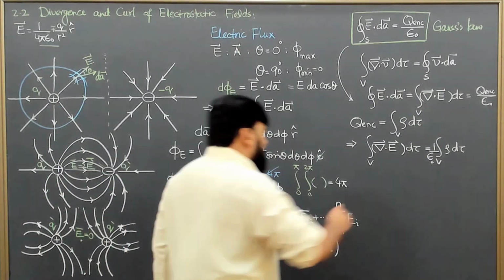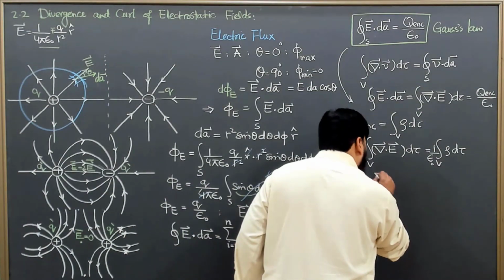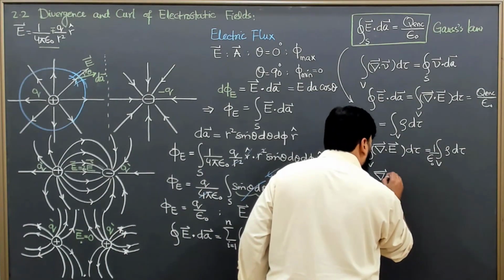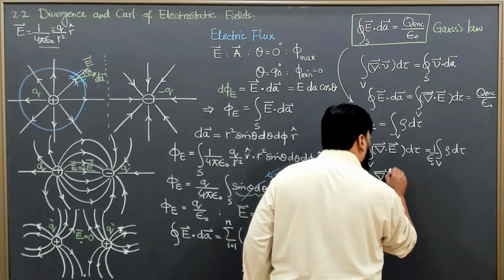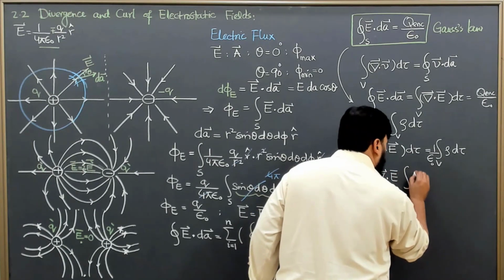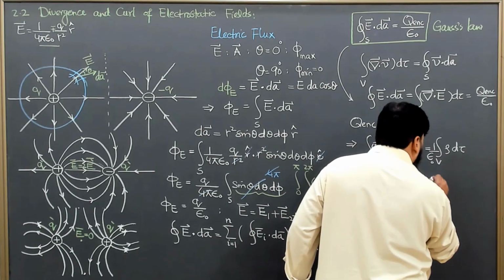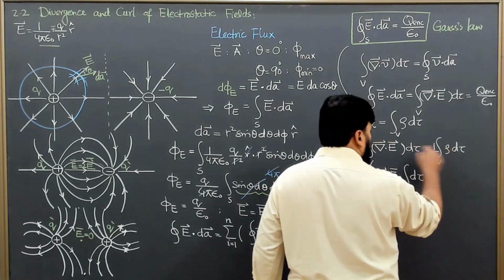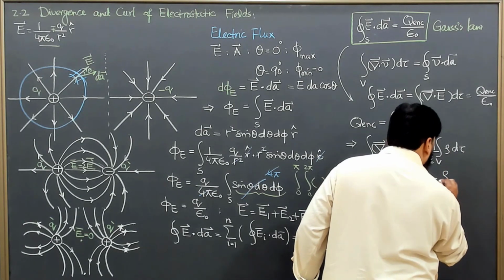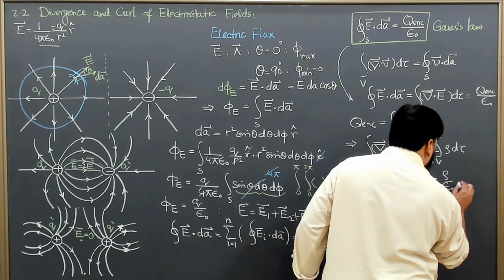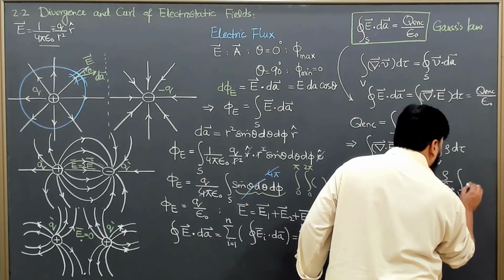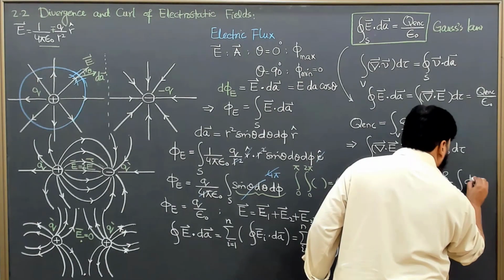It means that there is no integration on the divergence of E here, and the charge density is constant, so there is no integration on that either. So rho over epsilon naught, and here we have the volume integral and d tau.